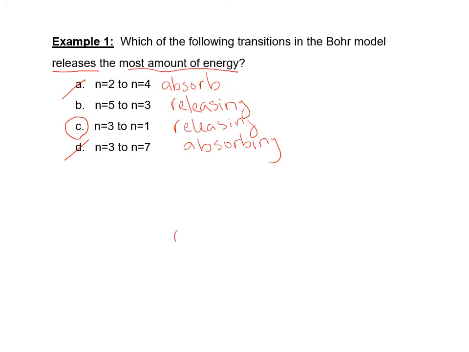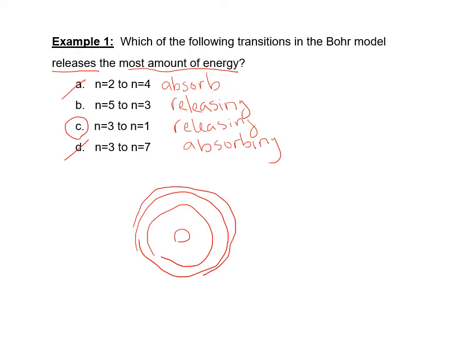And that's just because the orbits are initially far from each other, but as you get farther and farther out, they come closer and closer together, right? So 5 and 3 are much closer to each other than 3 and 1 are. And so more energy is released with 3 and 1.